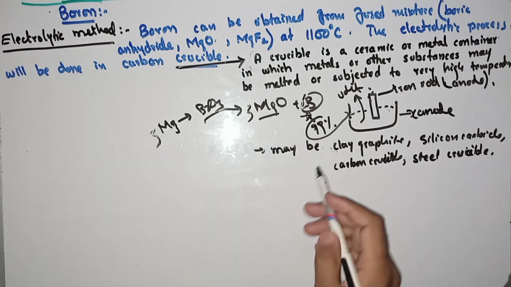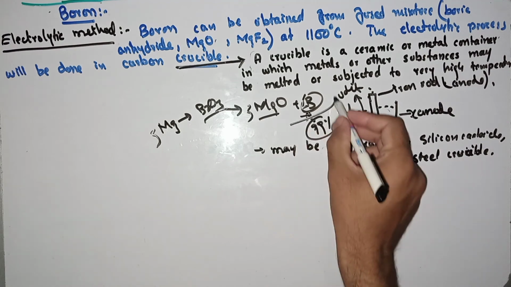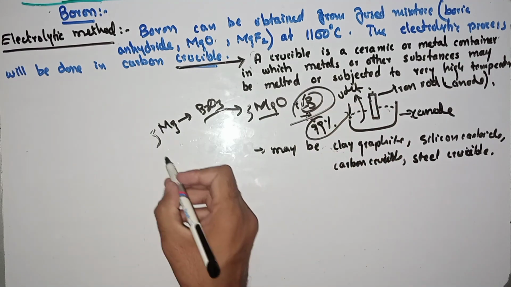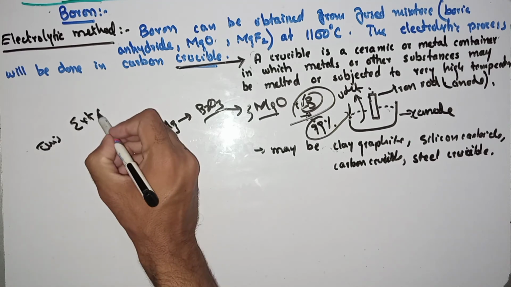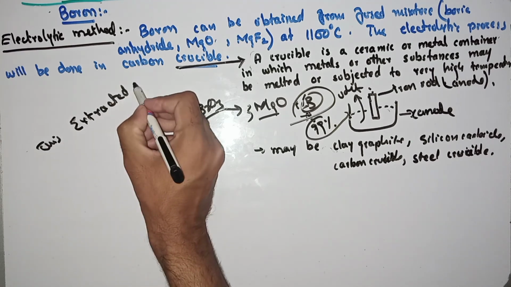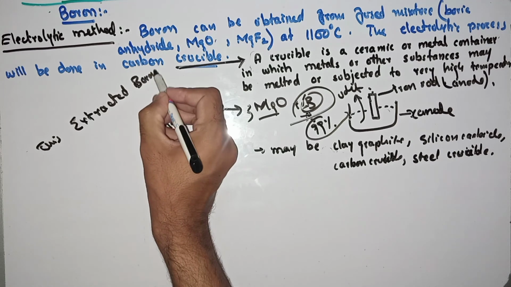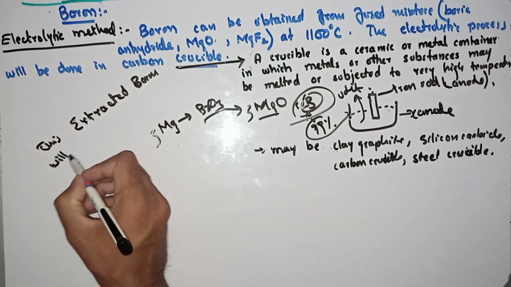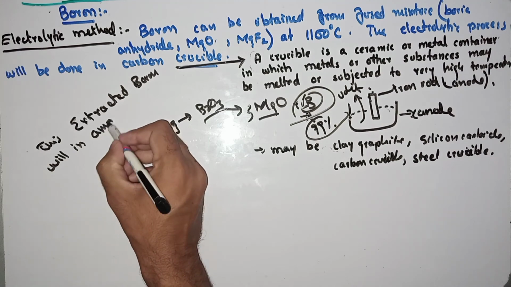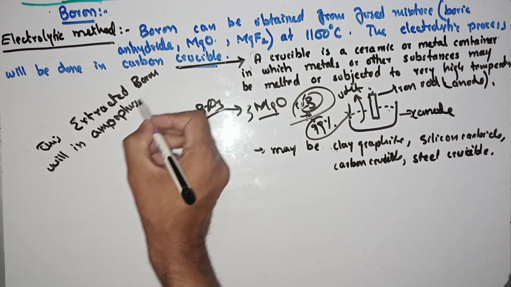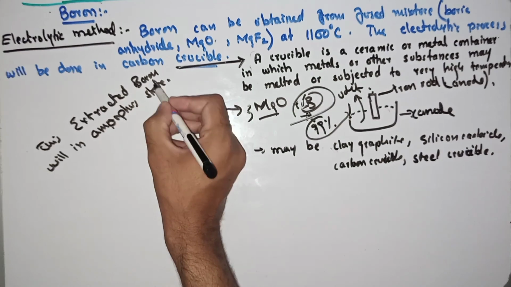But this extracted boron will be in the amorphous state, which means it will be in powder state.